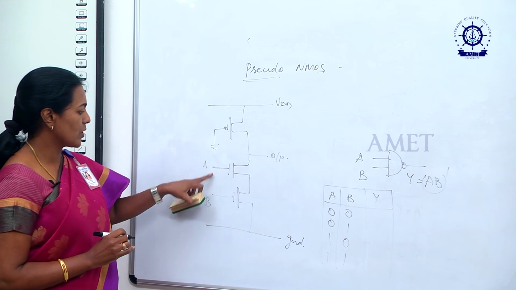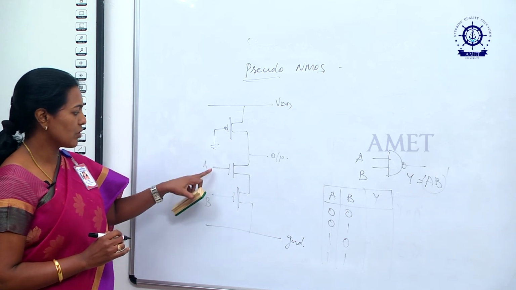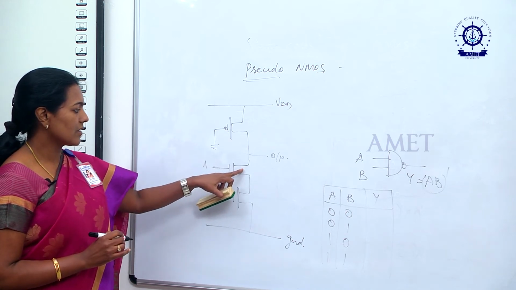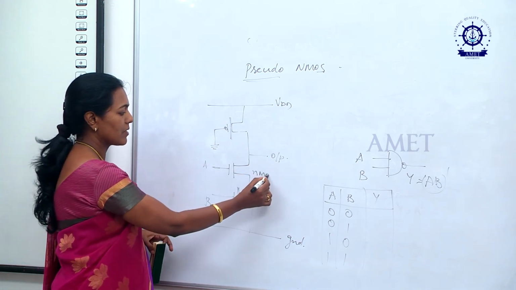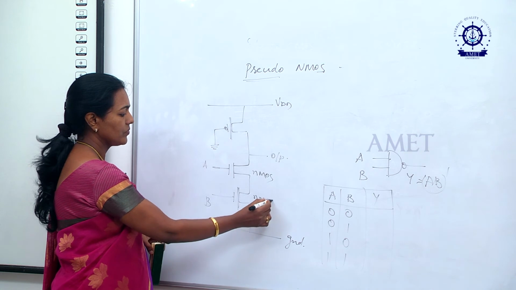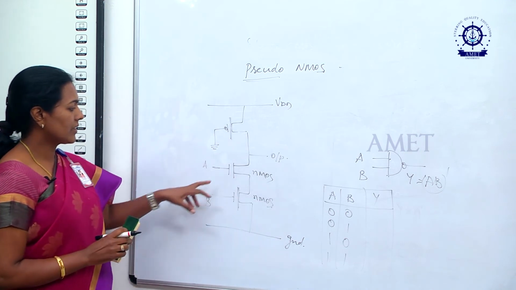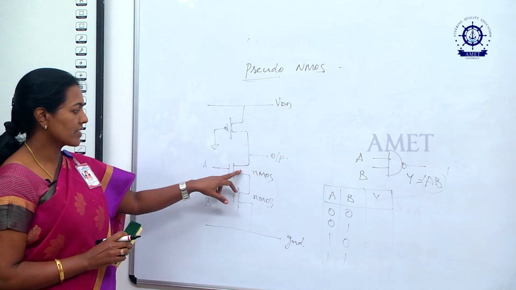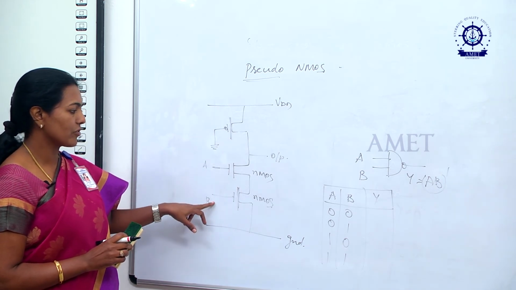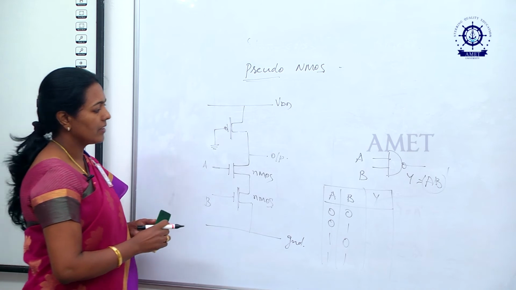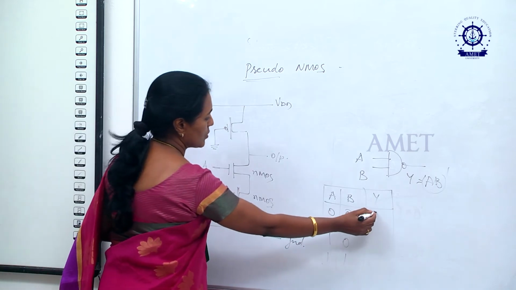If A is equal to 0, B is equal to 0, 0 means the transistor will not conduct, because both transistors are NMOS transistors. This is NMOS, NMOS. Whenever the input voltage is 1, the transistor conducts, otherwise it will not conduct. So, depending upon the combinations of A and B, you can see the output is 1.